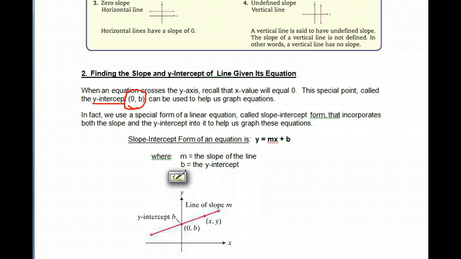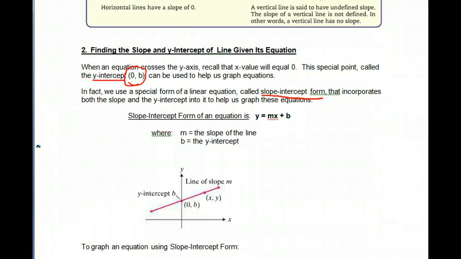We have an entire special form of a linear equation called slope-intercept form that incorporates the slope and the y-intercept into it to help us graph equations. That's how important the y-intercept is to us. Now, the slope-intercept form of a linear equation is y equals mx plus b.